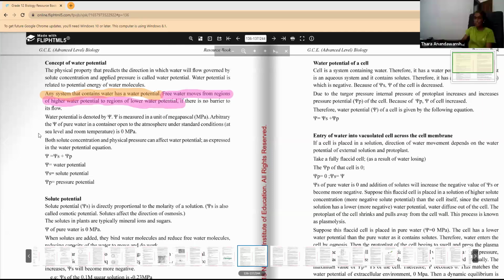Let's say in the soil, there are some molecular particles which cannot be taken by a plant cell. So it's not available for the plant to obtain. So that is about water, not free water. Only the free water can move from a region of higher water potential to lower water potential. Understood that one? Yes, teacher.